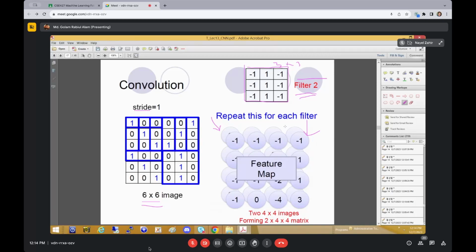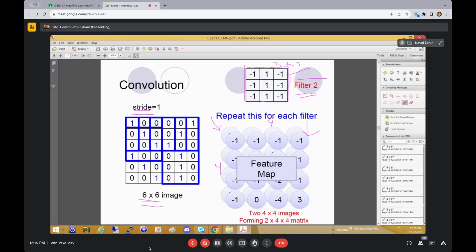So from a 6 by 6 image, if we apply a 3 by 3 filter with stride 1 and no padding, we get a 4 by 4 output size.